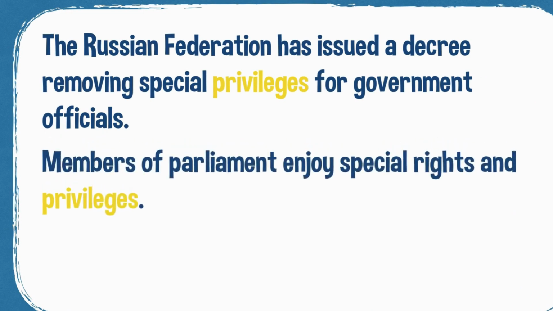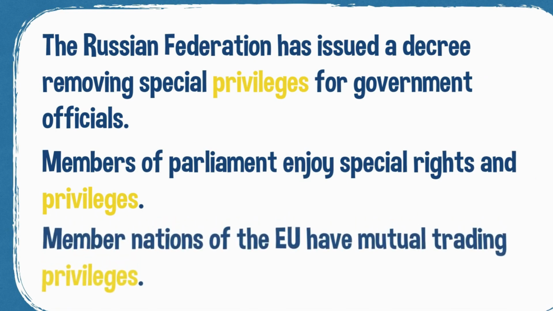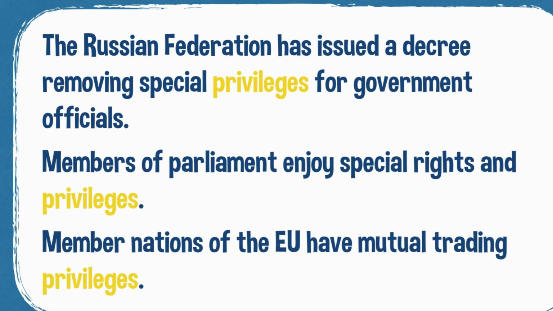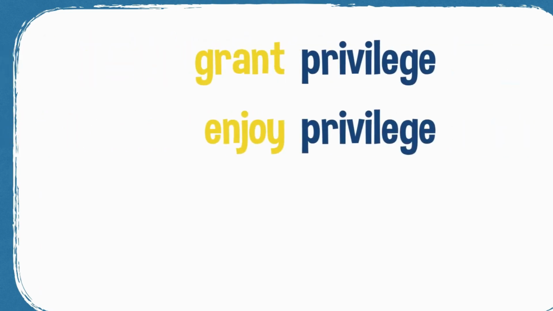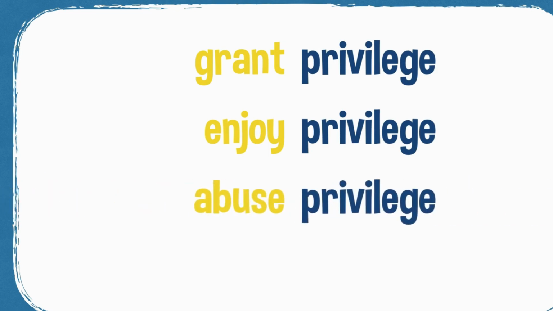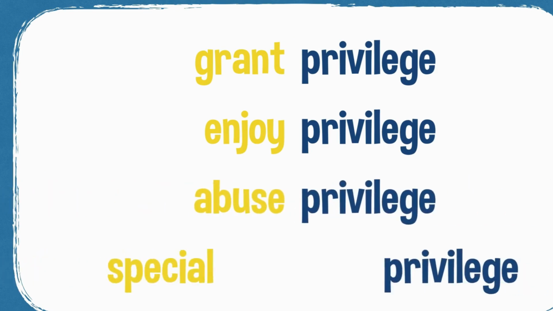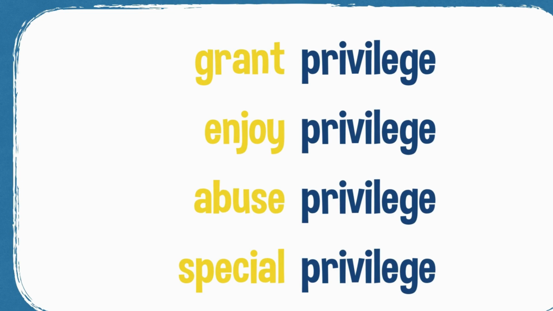Members of Parliament enjoy special rights and privileges. Member nations of the European Union have mutual trading privileges. And you can grant a privilege or you enjoy a privilege. But you can also abuse a privilege, and you often have special privileges too.